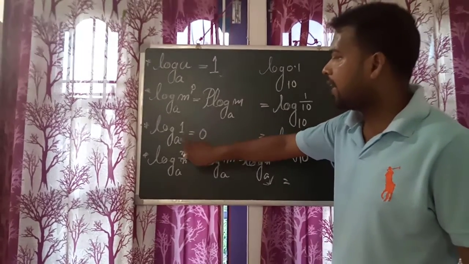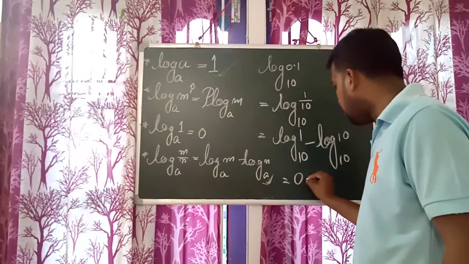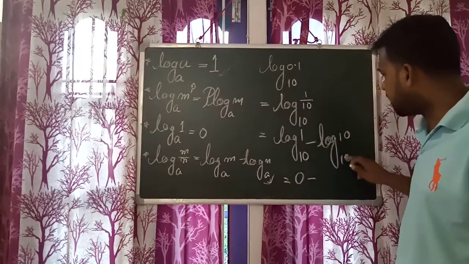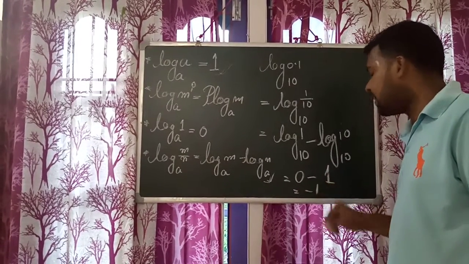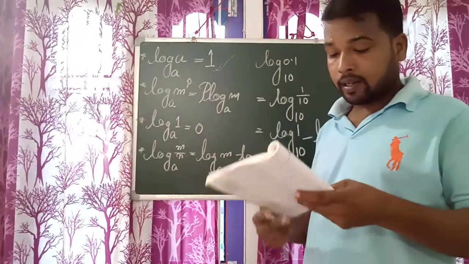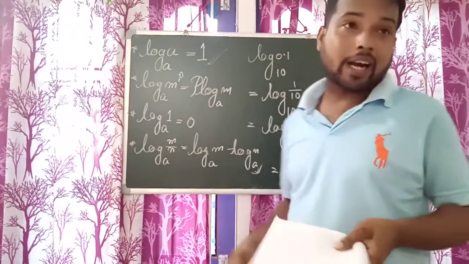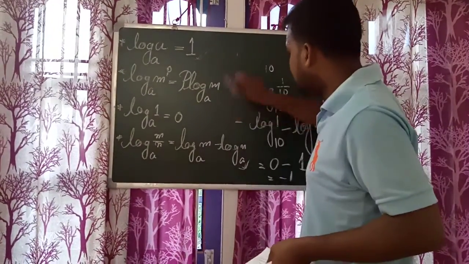Here we are getting log a base a. This one is equal to 0, minus this one, same thing, 10 and 10, it will become 1. So it is equal to minus 1. Like this way you have to solve this. Then the rest you try. If you get confused, then ask me.